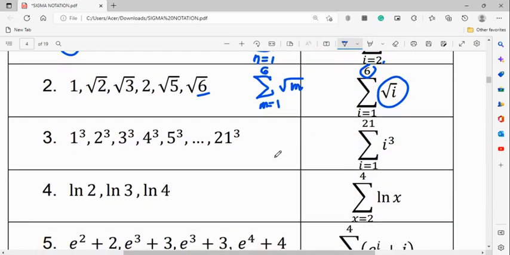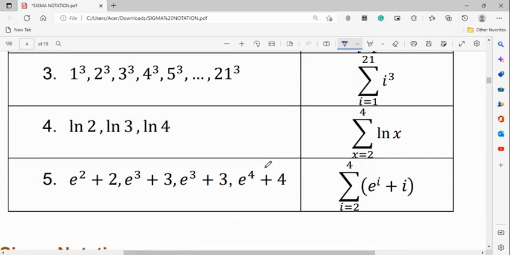Number 3, very obvious. The cube of from 1 to 21. Number 4, natural logarithm. ln of 2, ln of 3, ln of 4. These are natural logarithms, okay, in your general mathematics. It starts from 2 to 4. Or, sabi nga natin, napansin nyo, x ang ginamit dyan, no?